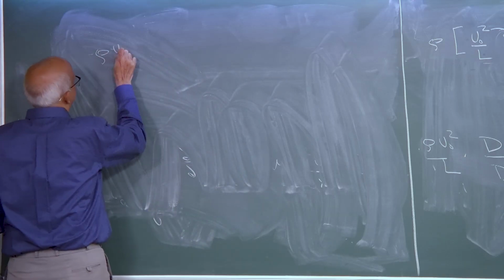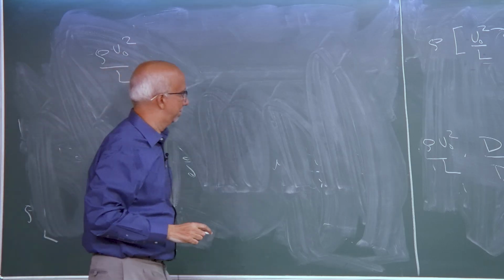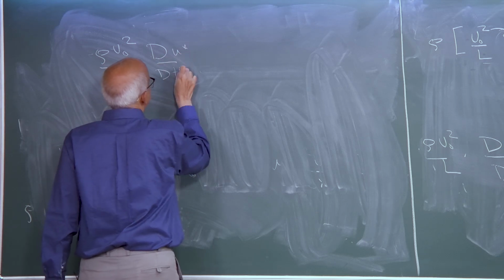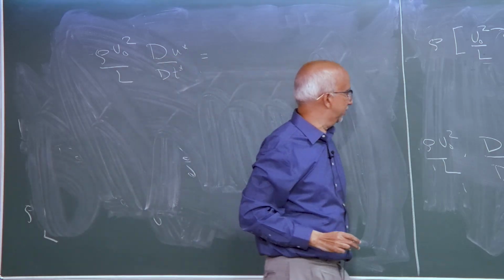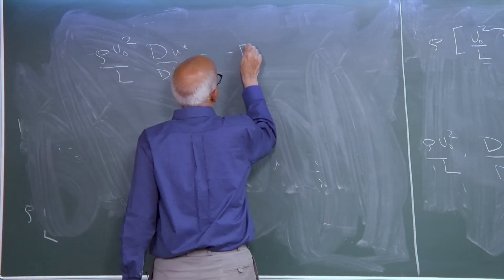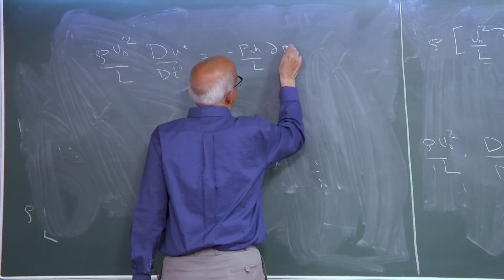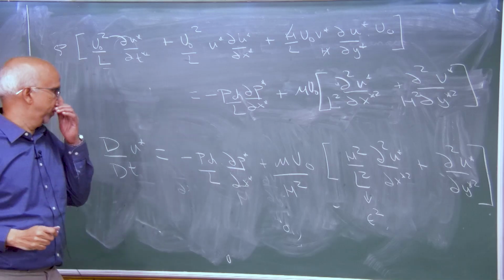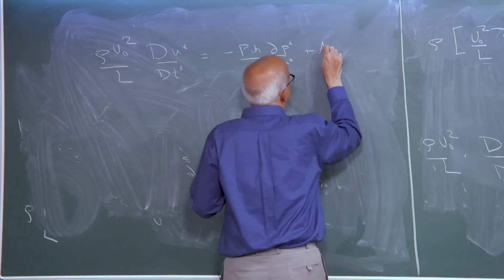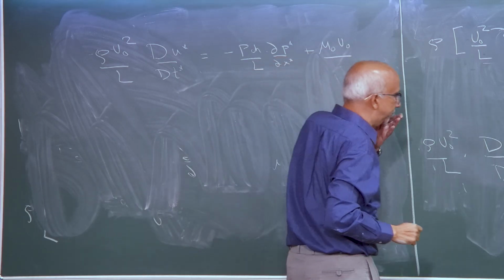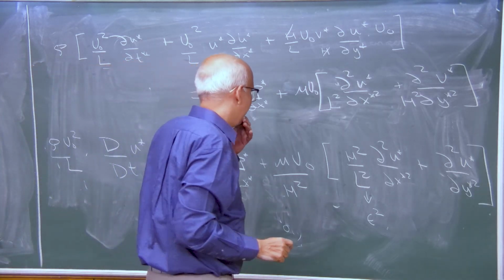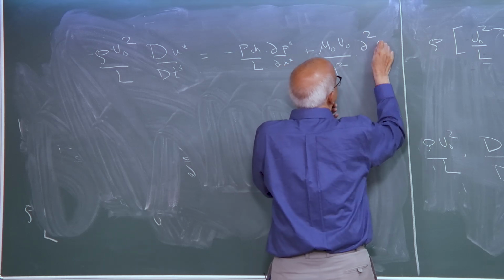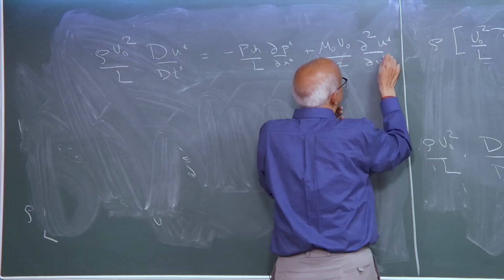So I have rho u naught squared by L d dt of u star equals, I still have not told you what is P characteristic, minus P characteristic by L dp star by dx star plus mu u naught divided by h squared times d squared u star by dy star squared.